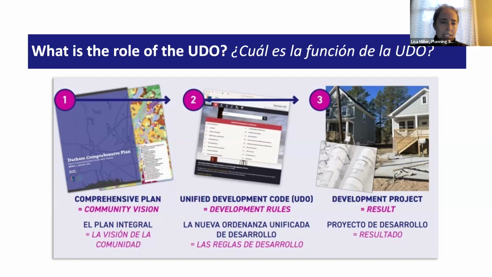It's just the next step in this process as we move from vision to rules that will help make sure that development is matching that vision in actual development projects. The rules in the UDO are what's used when a development project is proposed. So that's how the UDO connects what we see around us in our community and the vision that was adopted last year.